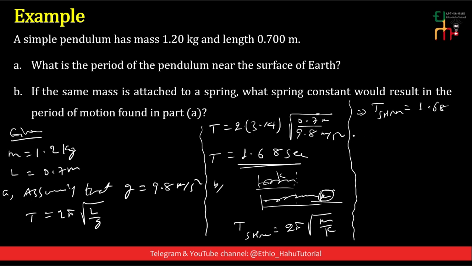That is, the period of simple harmonic motion is equal to 1.68. Having this, 1.68 is equal to 2 pi the square root of m over k.